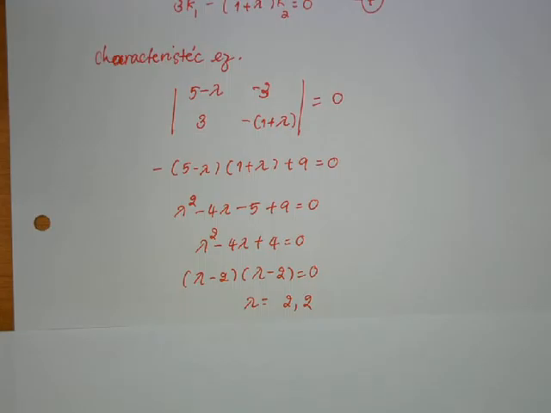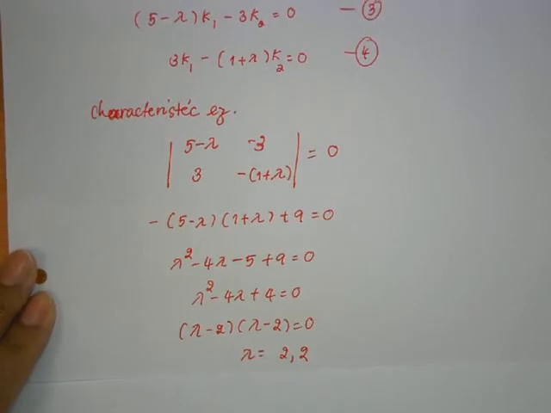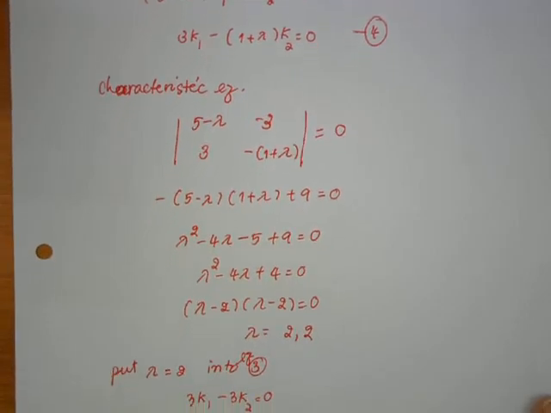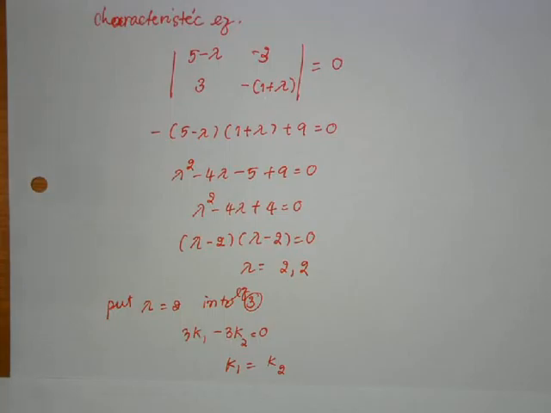If you put lambda equal to 2 into equation 3, what do you get? k1 is equal to k2. So in that case, we just assume that k1 is equal to 1. Then k2 would equal 1 too.